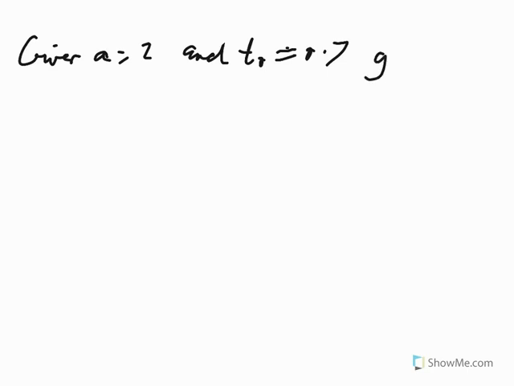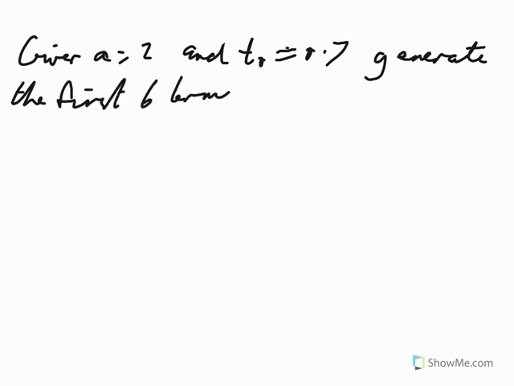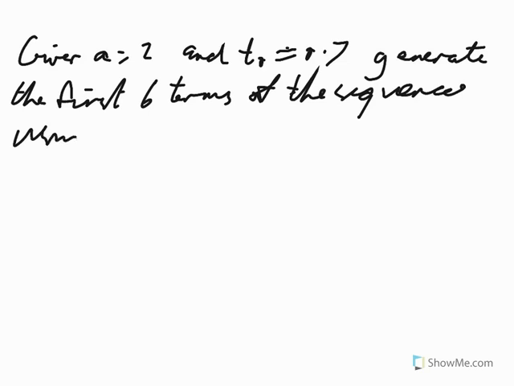So let's look at an example. Given A equals 2 and T naught is 0.7, generate the first 6 terms of the sequence using the logistic equation.